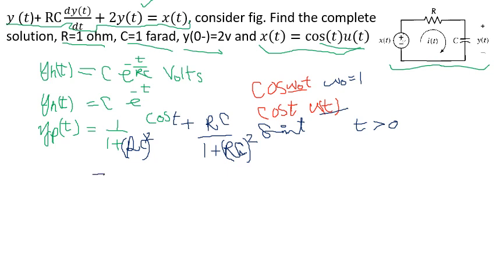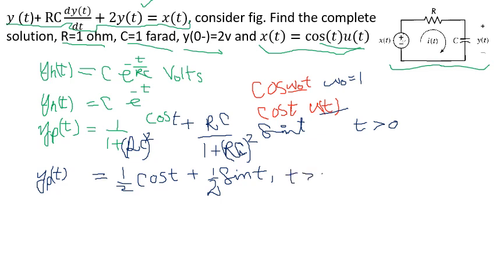So the particular solution we have already found is given by this: 1 plus 1 is 2, so I can write 1 by 2 cos of t plus 1 by 2 sine of t, where t is greater than 0.